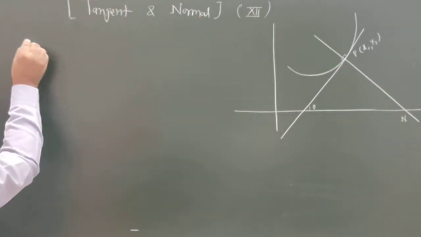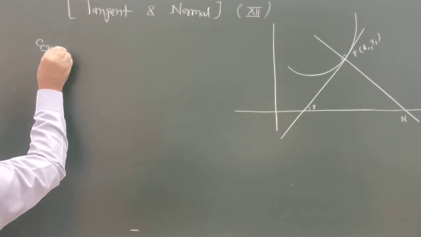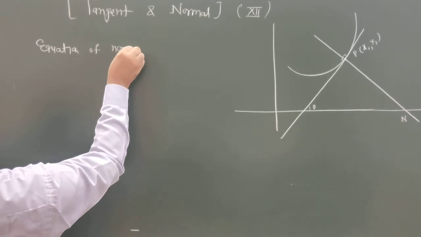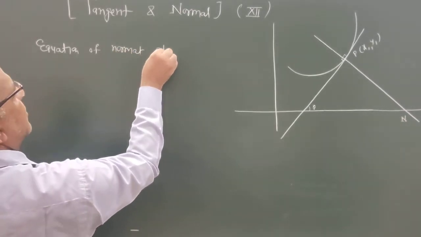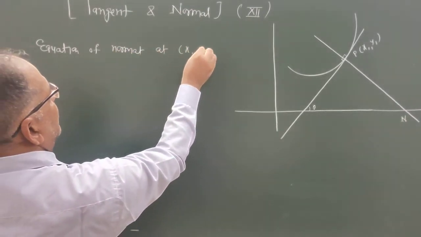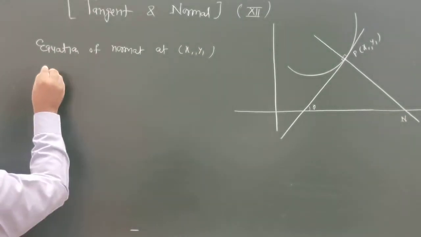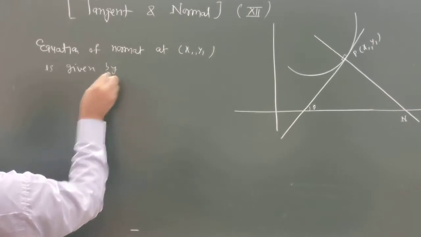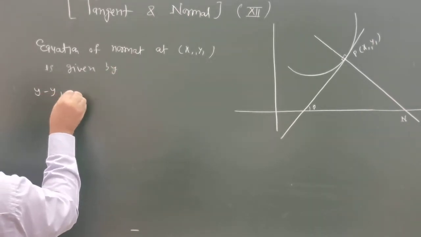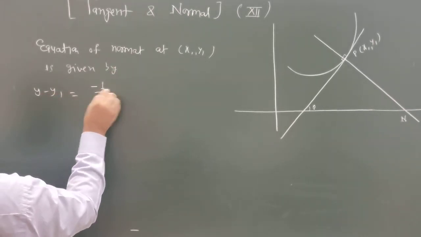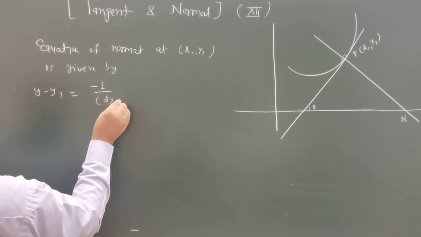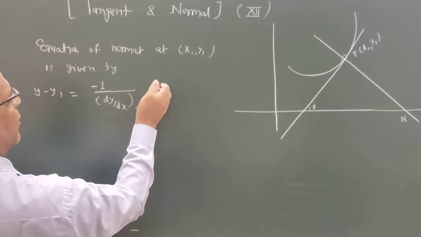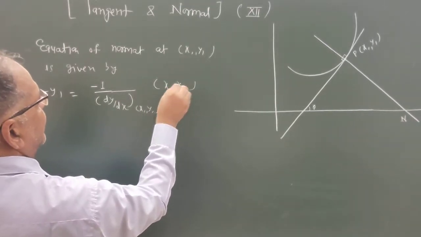So now the equation of normal at (x1, y1) is given by y minus y1 equal to minus 1 over dy over dx at the point (x1, y1), into (x minus x1).